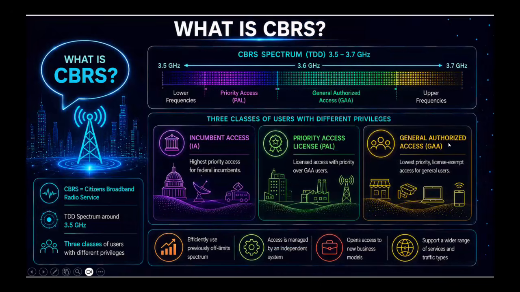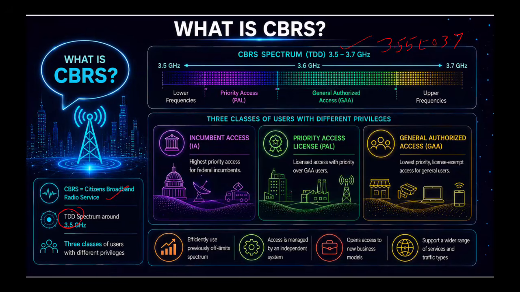So what is CBRS? CBRS stands for Citizens Broadband Radio Service. It operates in the 3.5 gigahertz to 3.7 gigahertz band. More specifically, it operates between 3.55 gigahertz and 3.7 gigahertz. And it uses TDD, time division duplexing.